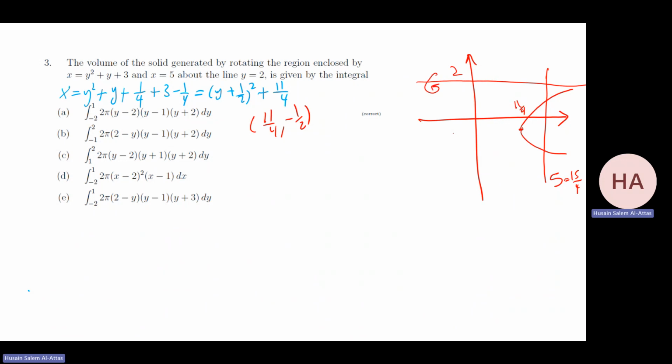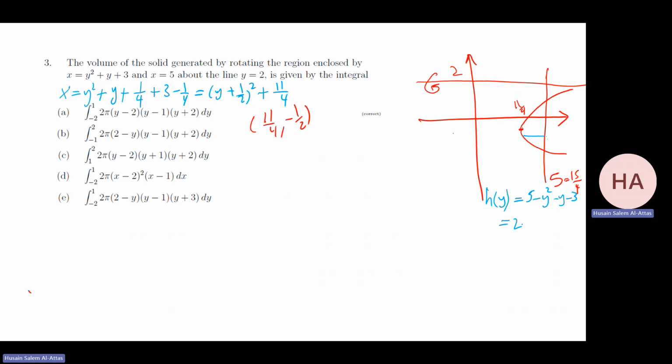So I have everything in terms of y. Now this will be my line. I want it to be parallel. So the height of that line in terms of y will be 5 minus y squared minus y minus 3. 5 minus the function.